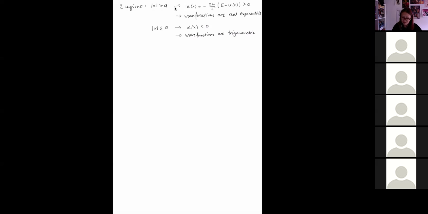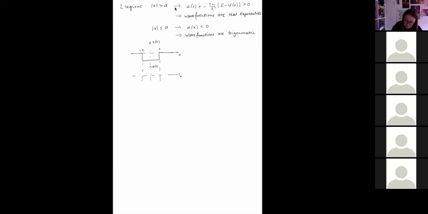Okay, so now we already have an idea of how the function psi looks. Again, let's draw the potential. This is U of x, this is x, this is, let's say, psi of x, this is x. These are minus a and a.